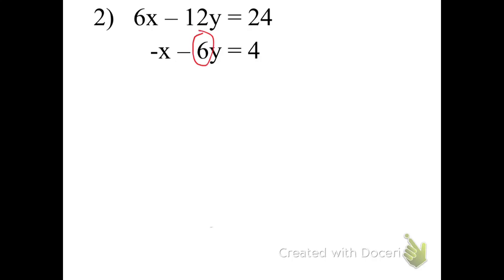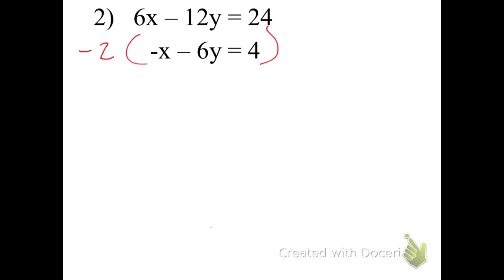So I notice here, those coefficients are really similar, being that if you do 6 times 2, you get 12. So if I take my bottom equation and I multiply everything by 2, those would match up, the -6 and the -12. And if I multiply the bottom one by -2, this is going to be +12, and this top one will be -12.